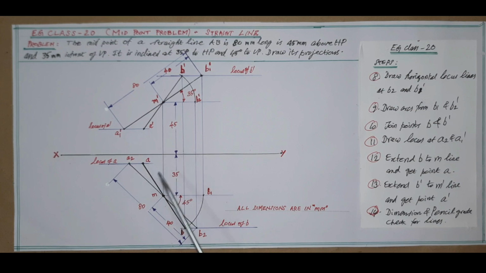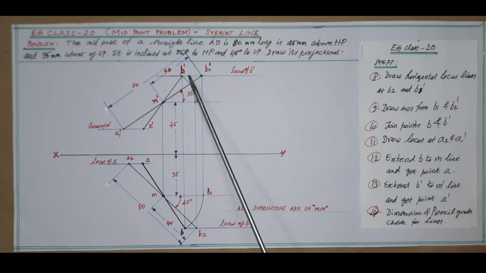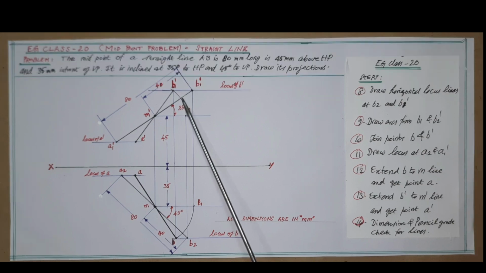Now, A to B and A dash to B dash are the final images of the required angles of inclination given for both planes at a time, meeting all given conditions.